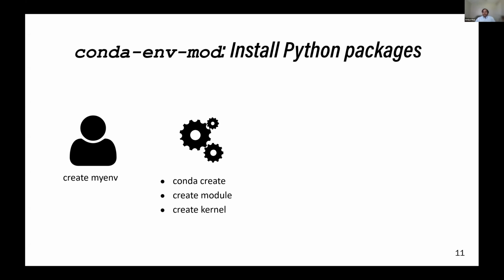Another thing it can do is, if you tell it that I want to use this environment in Jupyter, it will also automatically install IPyKernel and generate a Jupyter kernel for you. Right? And then you can go ahead and use the environment. All you need to do is load the module that has been created for your Python environment.